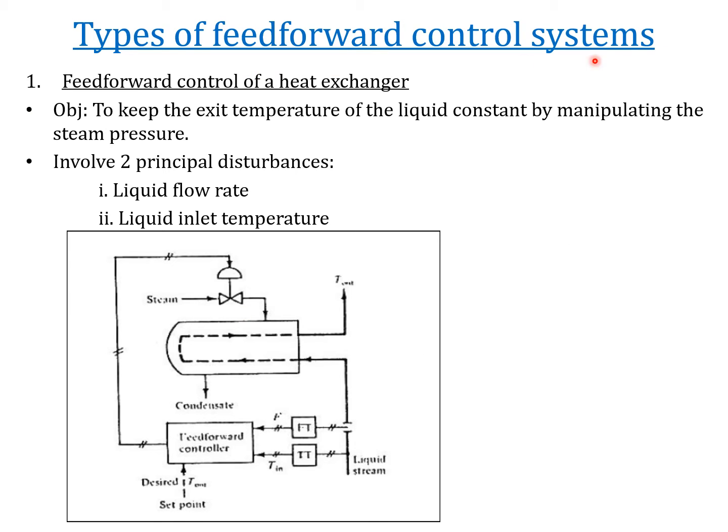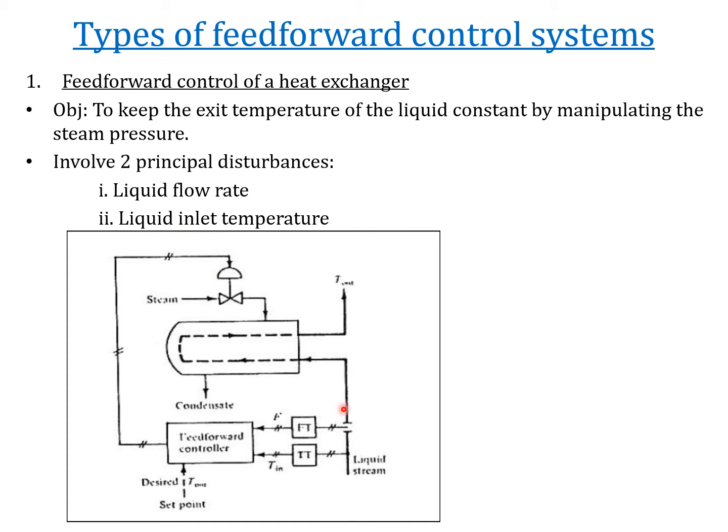Okay, the types of feedforward control systems. We have the feedforward control of a heat exchanger. The objective is to keep the exit temperature of the liquid constant by manipulating the steam pressure. We are taking action on the steam flow before the changes in the steam affect the temperature of the heat exchanger. We have the liquid stream being heated, and this is T out. It involves two principal disturbances: the liquid flow rate and the liquid inlet temperature.